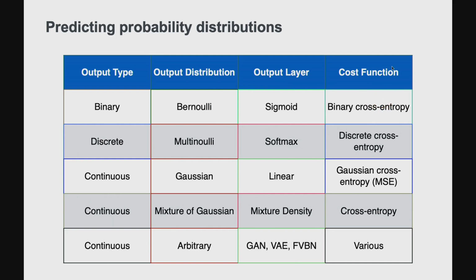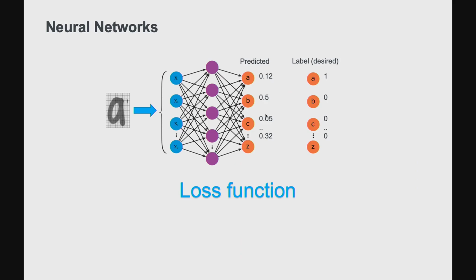We have a label which is either 0 or 1, and we would look at how far we are away from this binary cross entropy. We could have a discrete categorization that would correspond to a multinoulli distribution, which we also looked at last time. And we would have as an output layer a softmax, which would work like this here.